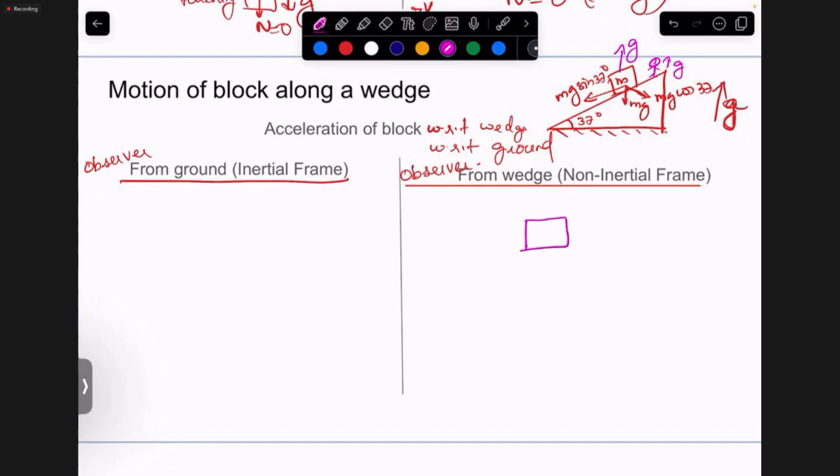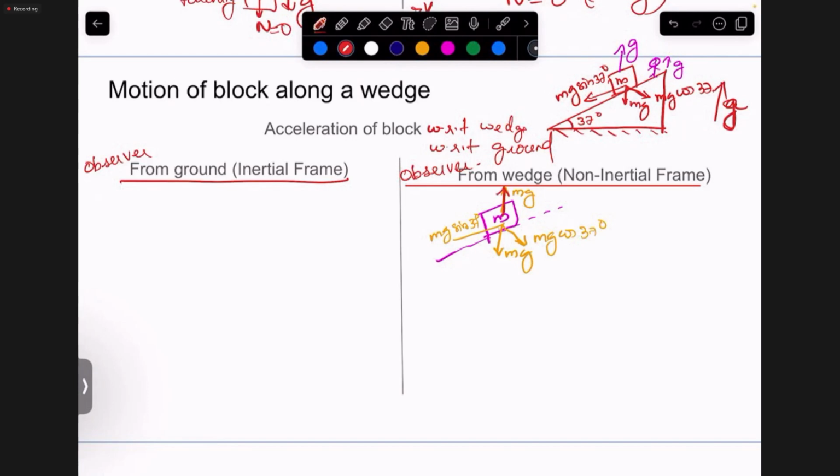This is the slope, and this is the block, m. This is mg acting downwards, and this is mg acting upwards. The components will be like this: this component is mg cos 37, and this is mg sin 37, and another one is this mg.